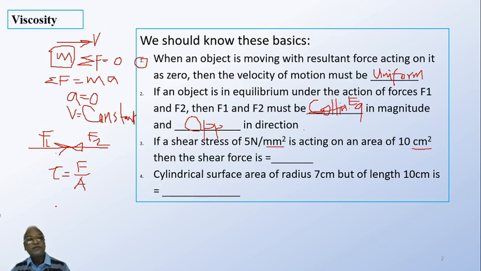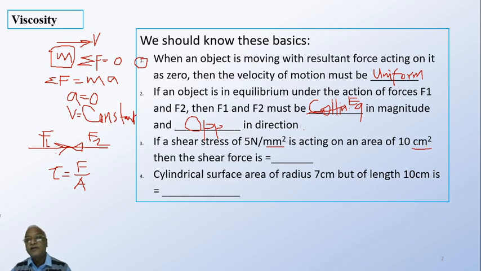This always happens in fluid mechanics. Now and then a variety of units are considered, so one has to be very careful. So if I want F, this is 5 Newton per millimeter square. You convert 10 centimeter square into millimeter square, or you convert this into so many newtons per centimeter square. Now it is easy to convert this. How do you do that? Every centimeter is 10 millimeter.